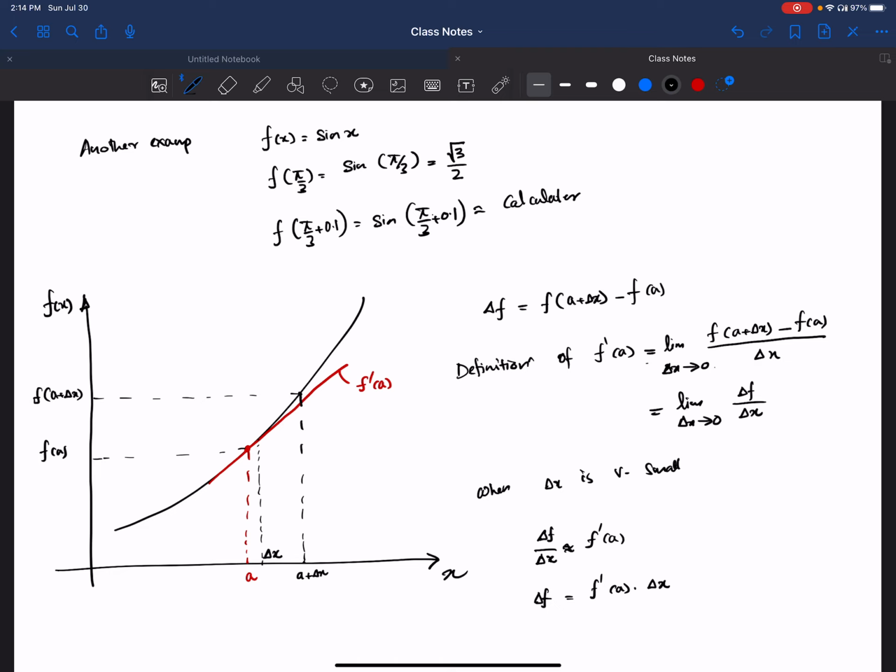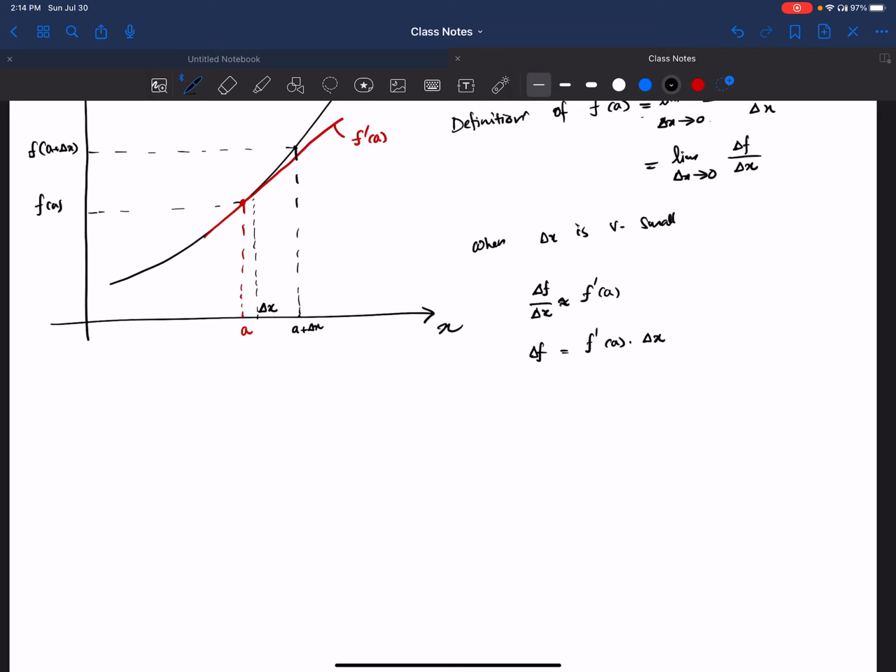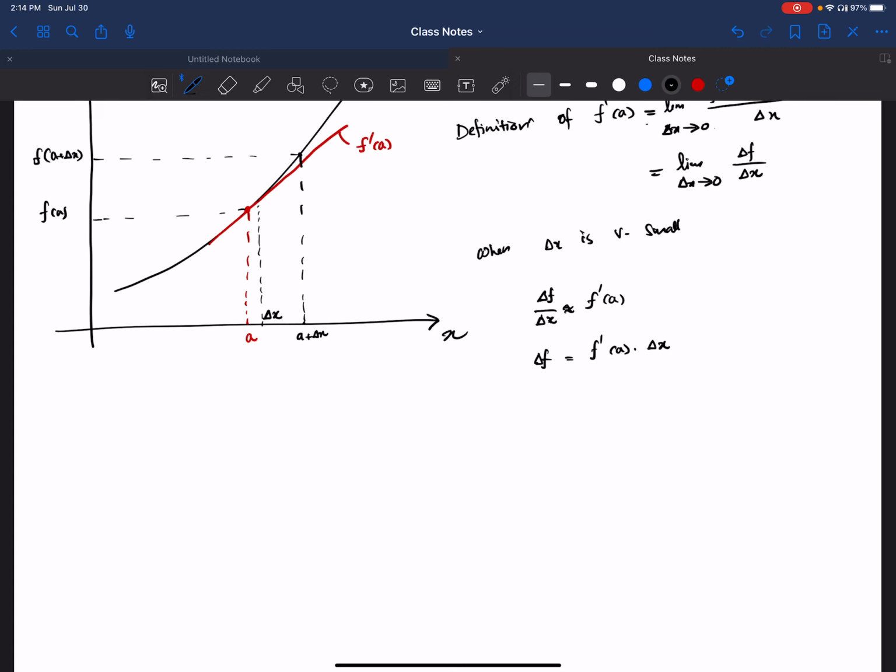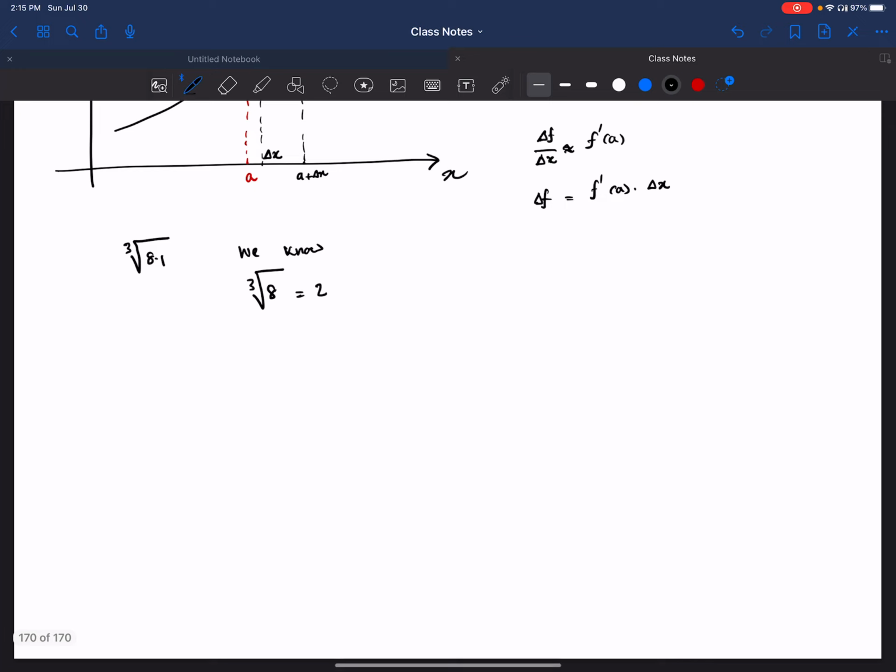Now, let's try to use this knowledge in one of our previous questions. We need to find the cubic root of 8.1, and we know that the cubic root of 8 is equal to 2. If you draw the function of x cube root, it looks something like that.